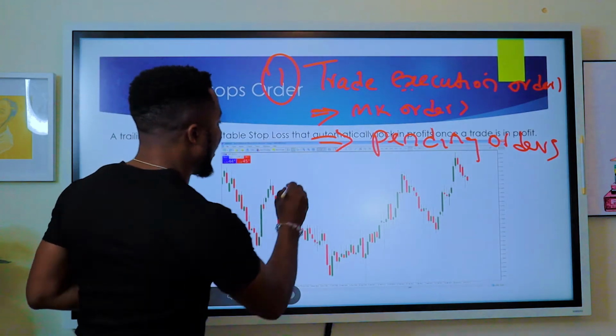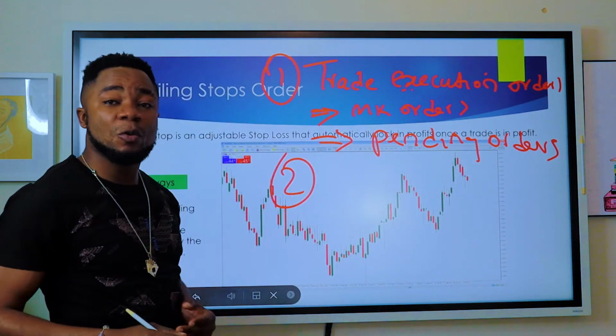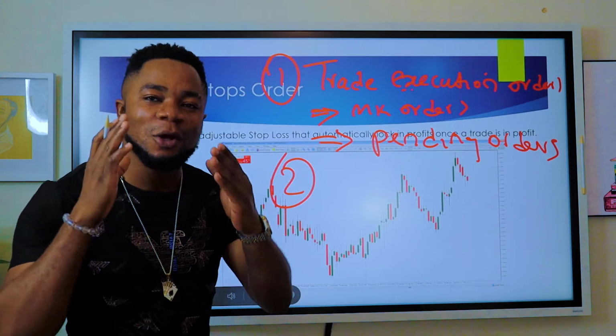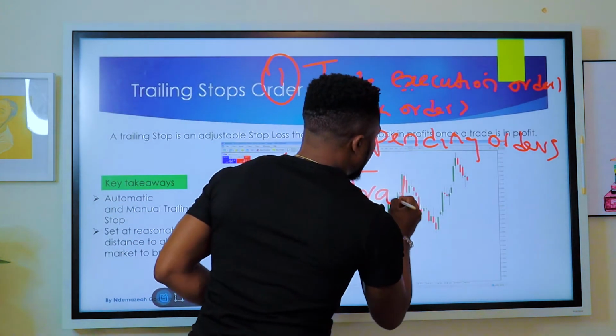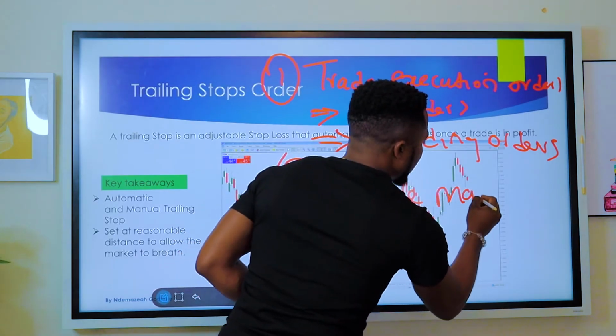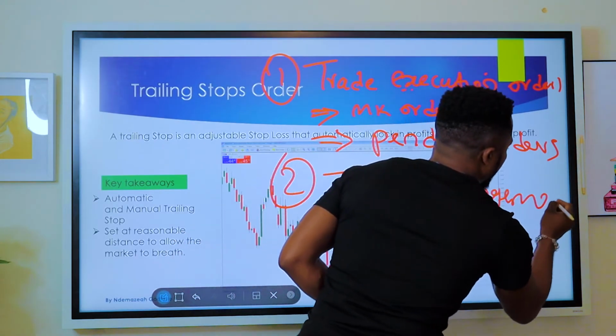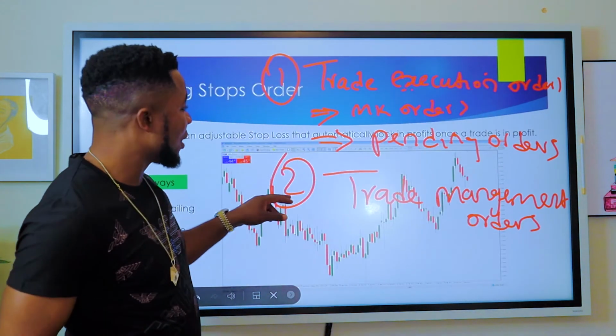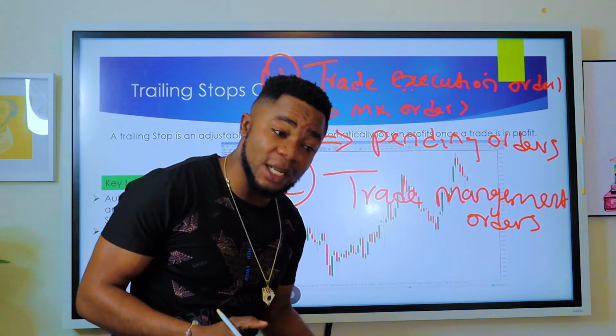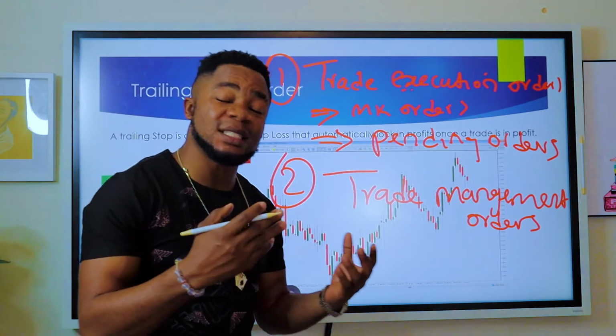After number 1, you have number 2, which is what we call trade management orders. So number 1 is trade execution orders, the orders that allow you to place the trade.